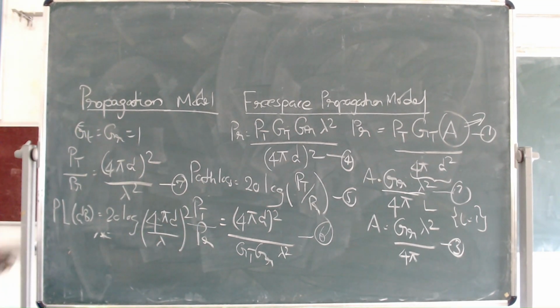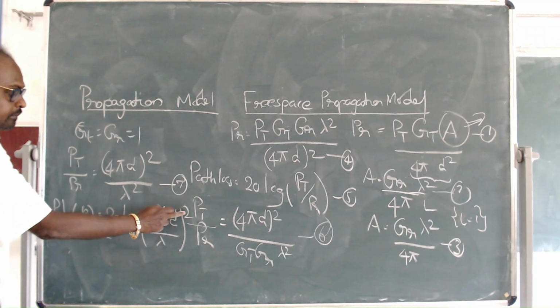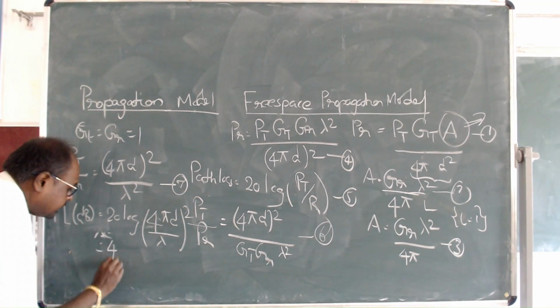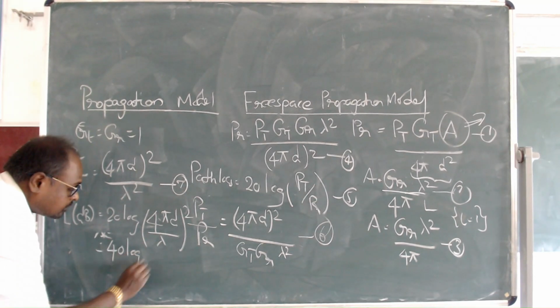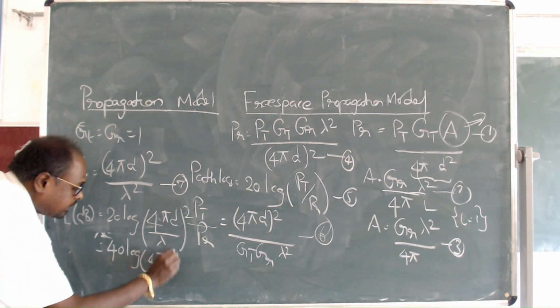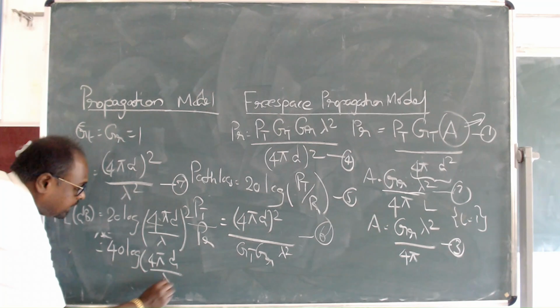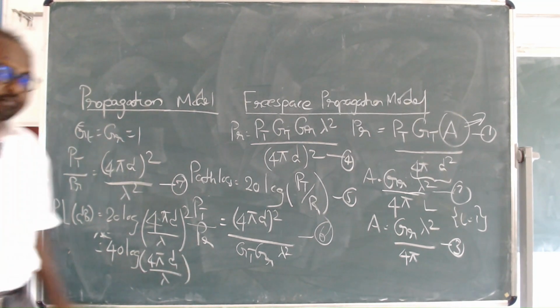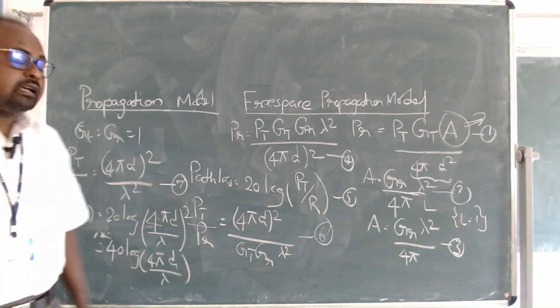Now you know logarithmic notation, you can bring the square out, so the equation becomes 40 log 4 pi d by lambda. So this is the equation for deriving path loss using free space.